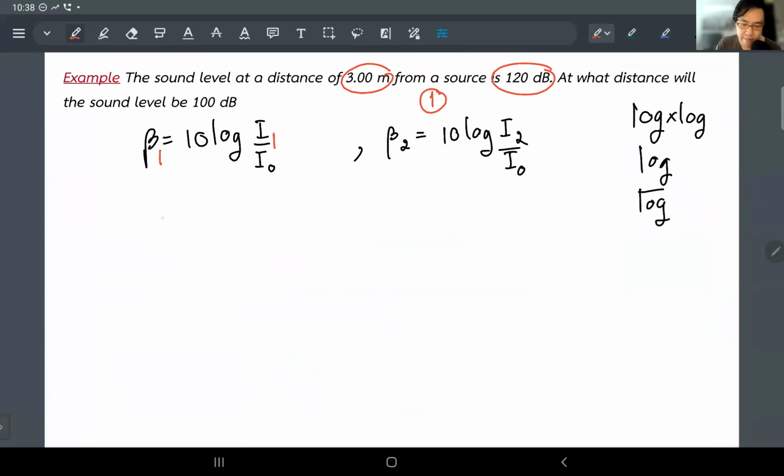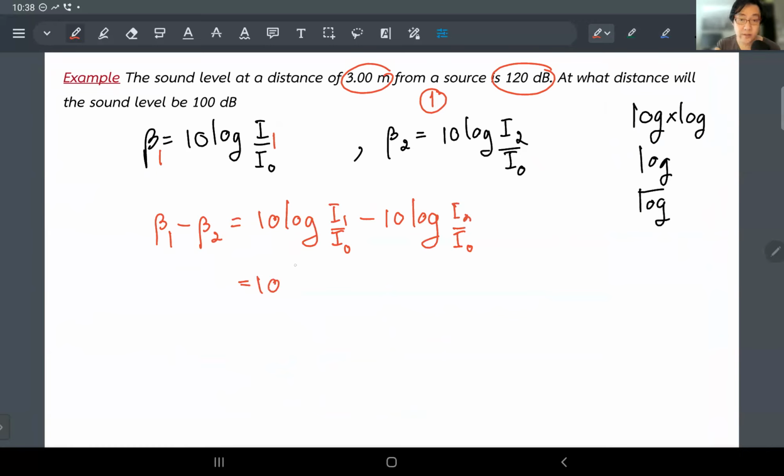Let's say I take beta 1 and subtract beta 2. On the right side, I get 10 log I1 over I naught, subtracting 10 log I2 over I naught. Looks good. Now I can pull out a common factor of 10, and now I have a difference of logs. So I can say it is the log of the ratio.